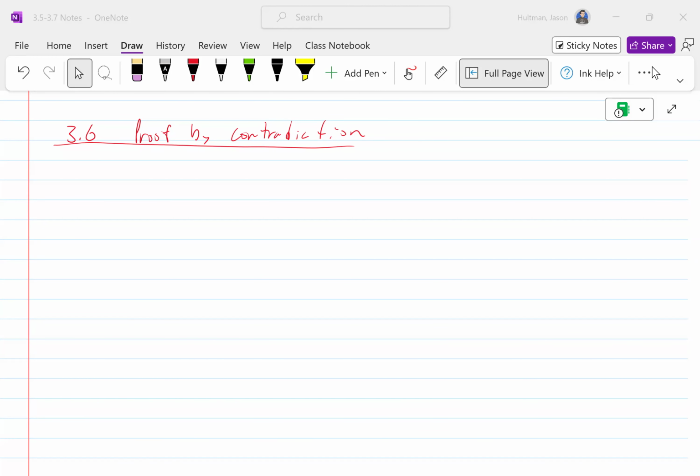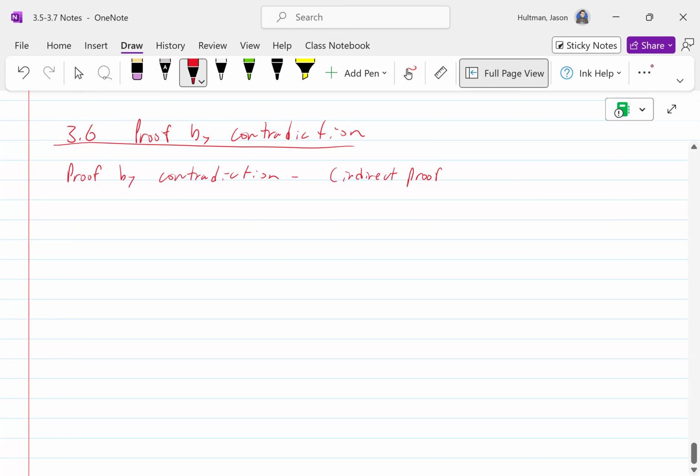Okay, 3.6, proof by contradiction. So a proof by contradiction, also called an indirect proof, is we assume the theorem is false and we seek a contradiction.